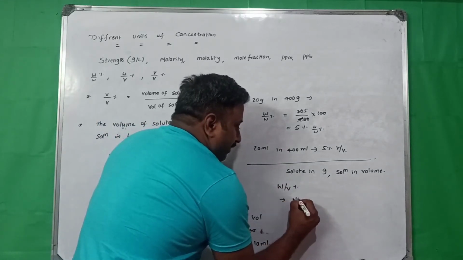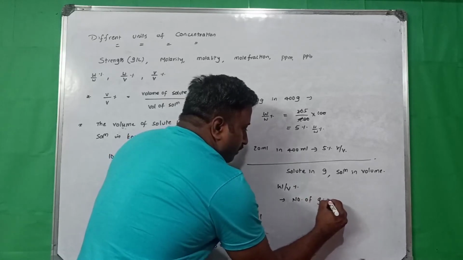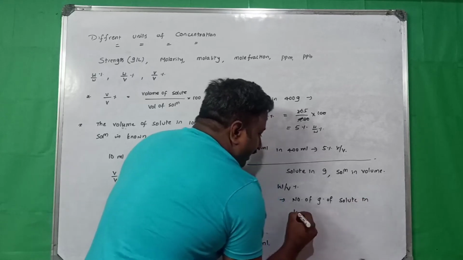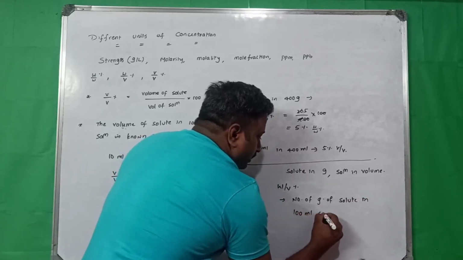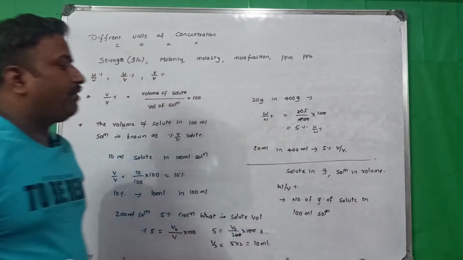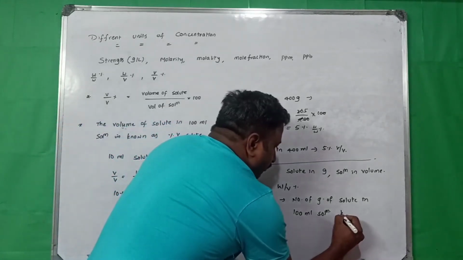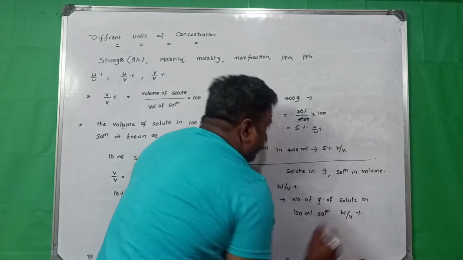This is the number of grams of solute in 100 ml solution. The number of grams of solute in 100 ml solution is known as weight by volume percentage.